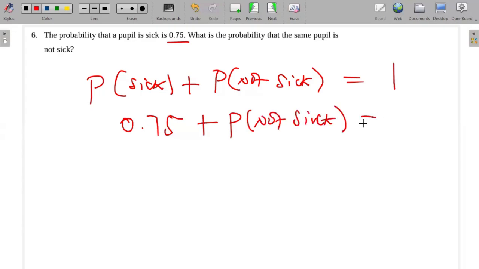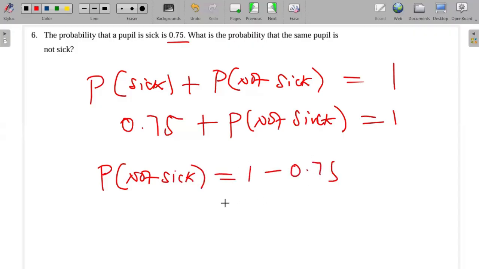So what we are going to do here is the probability of not sick equals 1 minus 0.75. So this will just be 0.25. So the probability of not being sick is just 0.25.